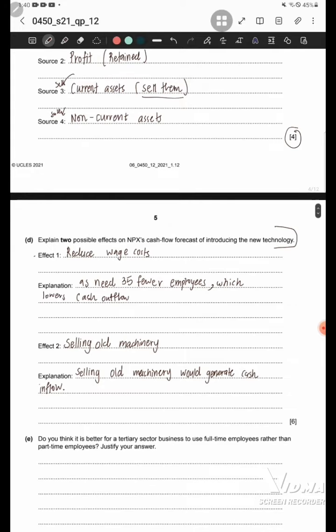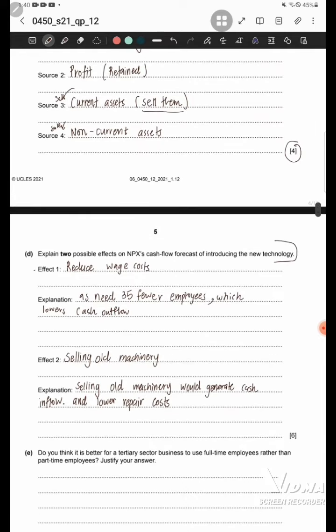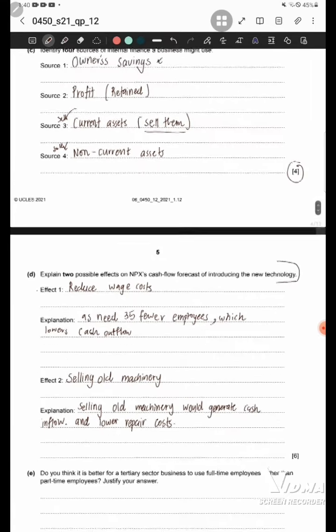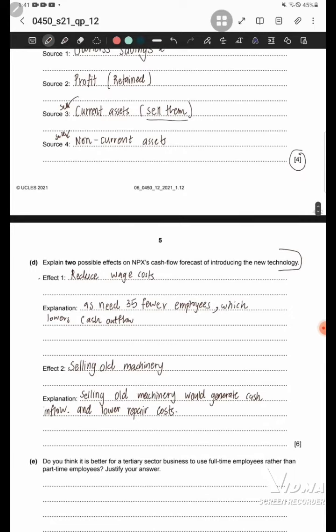We can also say selling old machinery would generate cash inflow and lower repair costs. Now, this is not in the marking scheme, but when you have machinery, from time to time you'll have to repair them or do checkups, which would cost money.